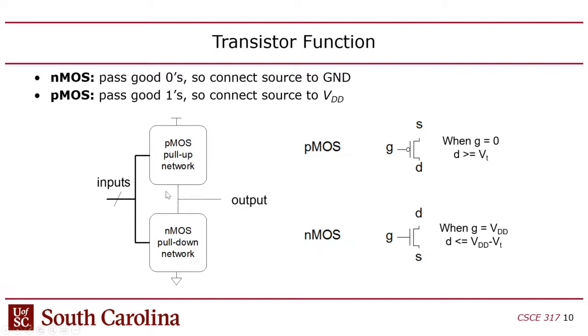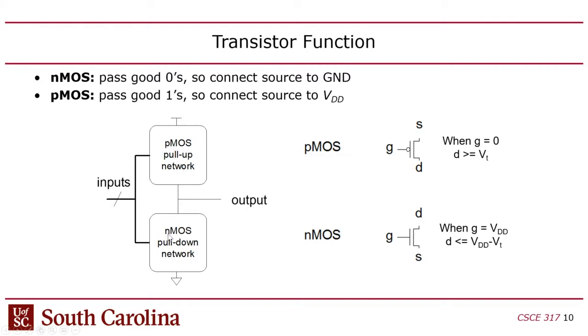Now it turns out that that's only the case if you're not switching. If the gate is changing its output from 0 to 1 or 1 to 0, then you've got an issue, because there's going to be a period of time when you will get leakage during the transition.